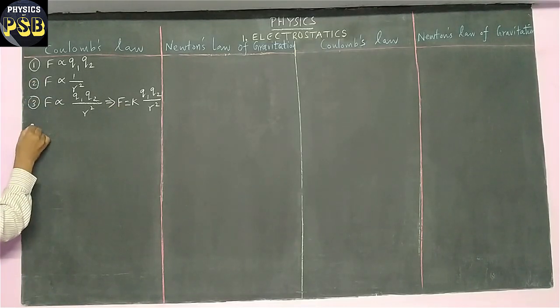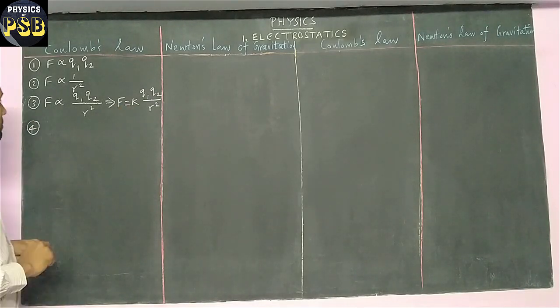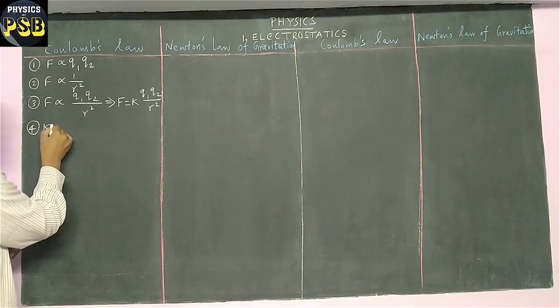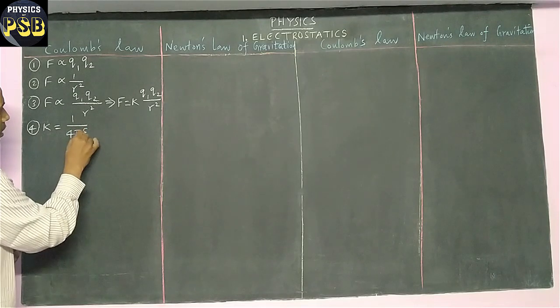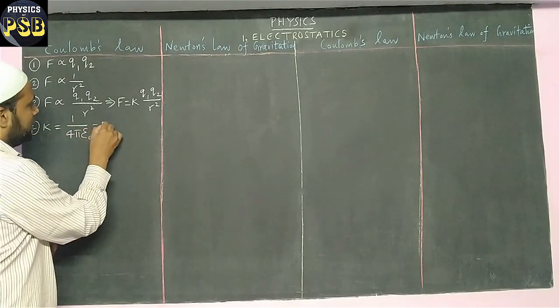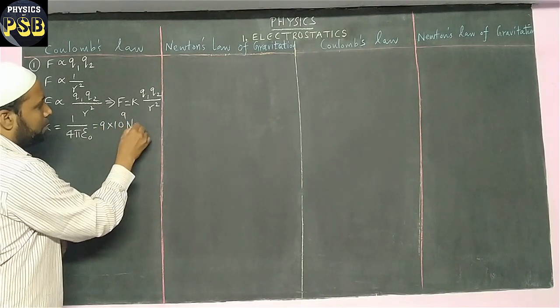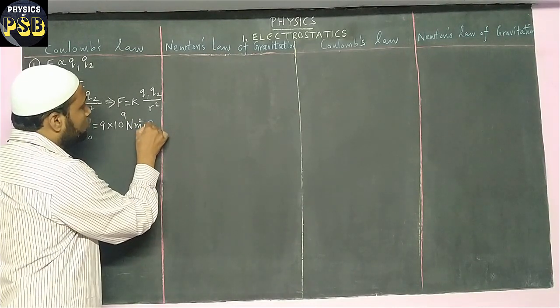K is nothing but the proportionality constant, which has a value given as 1 upon 4 pi epsilon naught, and its value is 9 into 10 power 9 Newton meter square per Coulomb square.